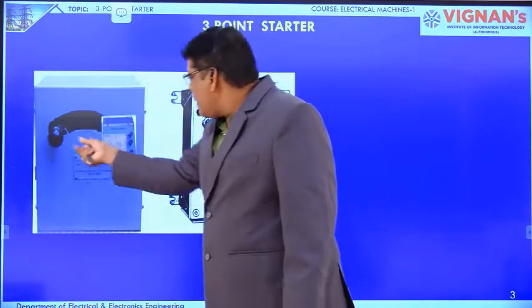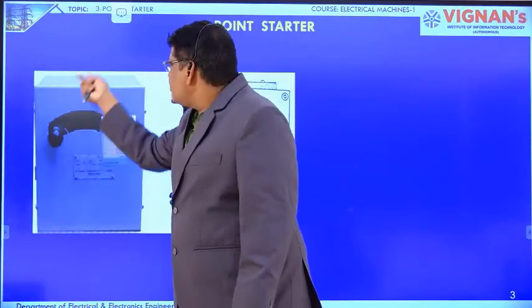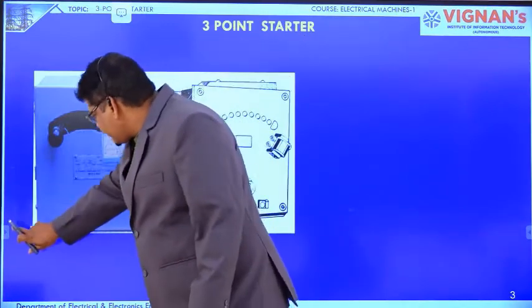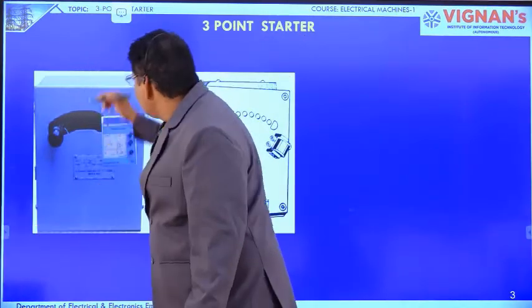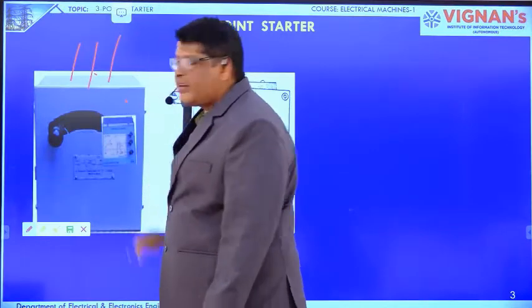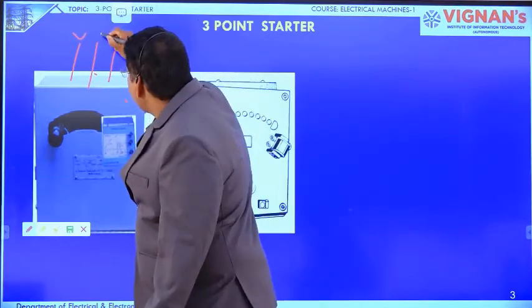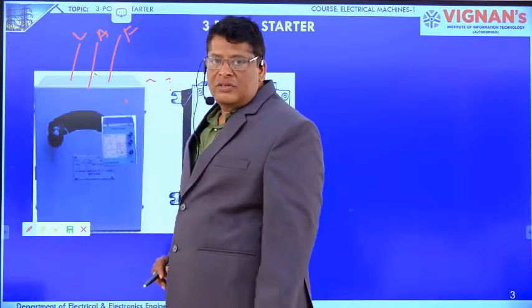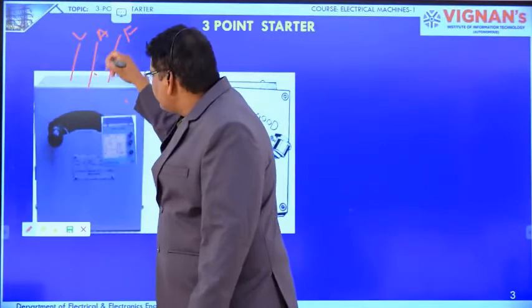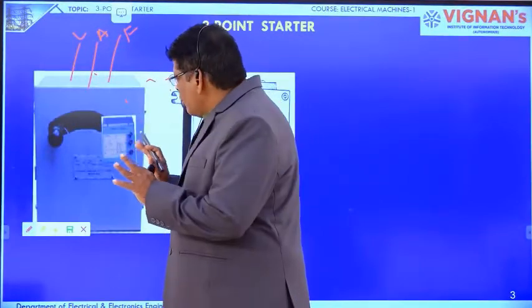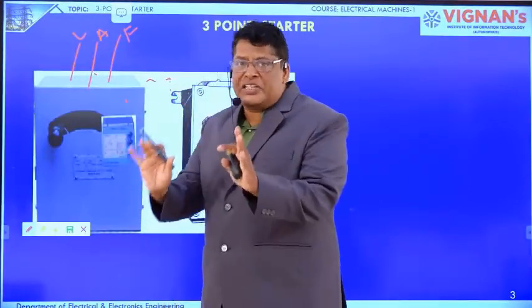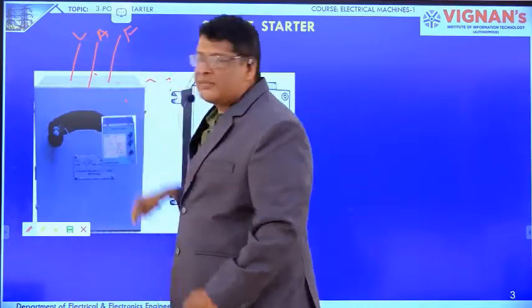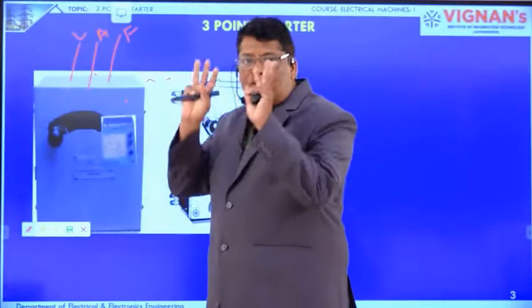Above the box, you can find 3 wires: one is line, another one is A, another one is F. That's why 3 terminals are there. If you purchase any starter for the DC motor, you can see only the handle and 3 terminals, 3 wires outside.